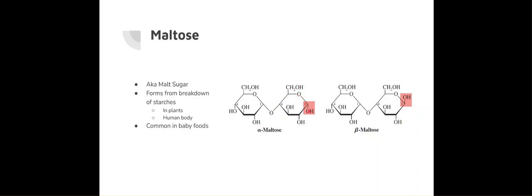So this is an alpha maltose, and these are on the same elevation above the plane. So this is a beta maltose, but both of these are alpha linkages. I know that can get kind of confusing. Again, I don't think I test you a whole lot on this type of thing, but just be aware of it.